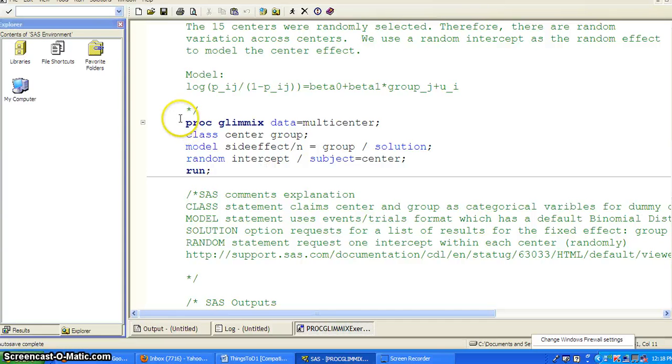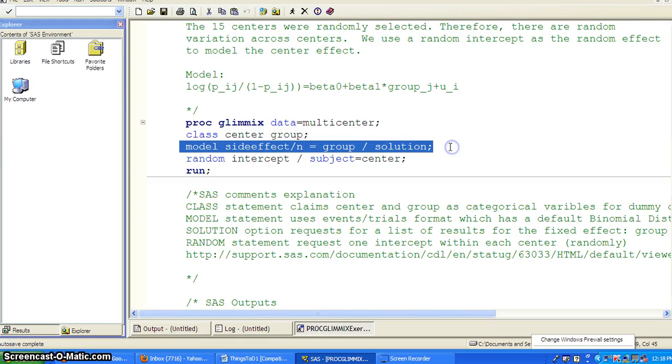Okay, so we can call PROC GLIMMIX data equal to multi-center, and it has a class statement for dummy variable coding, and the model statement is very similar to PROC GENMOD or PROC LOGISTIC or PROC MIXED. So in the model, you have side effect over n.